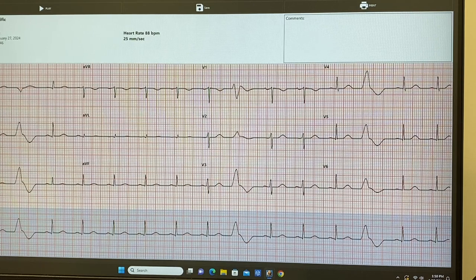But what's the underlying rhythm? If there weren't any PVCs, what is the underlying rhythm? The underlying rhythm would be regular. Not regular. What is it called?